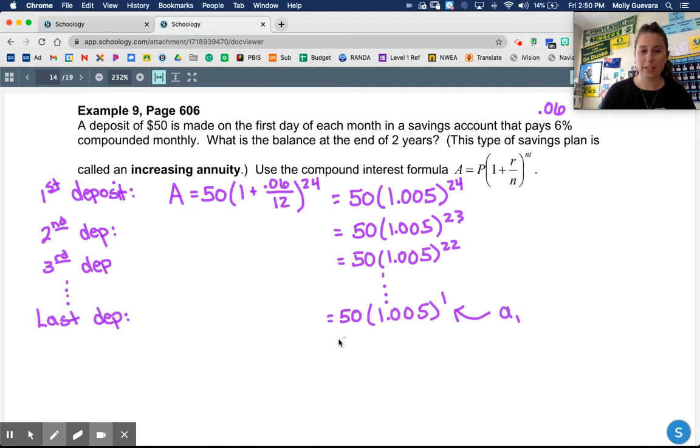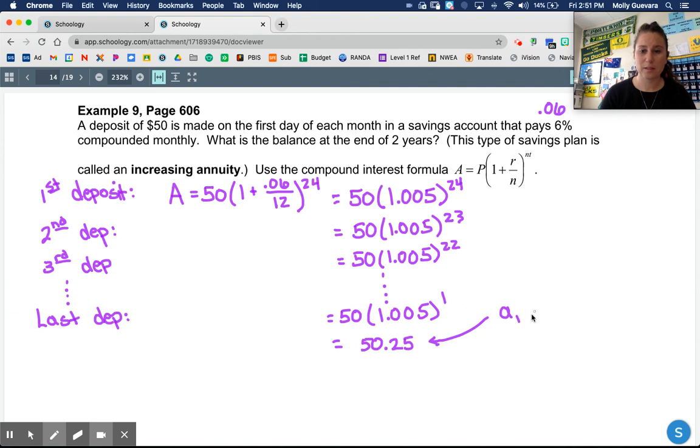So if I actually solve this and enter this into my calculator, it's $50 and 25 cents. So that last $50 that I put in only earned 25 cents in interest. So my A1 is $50.25. That's my first term.